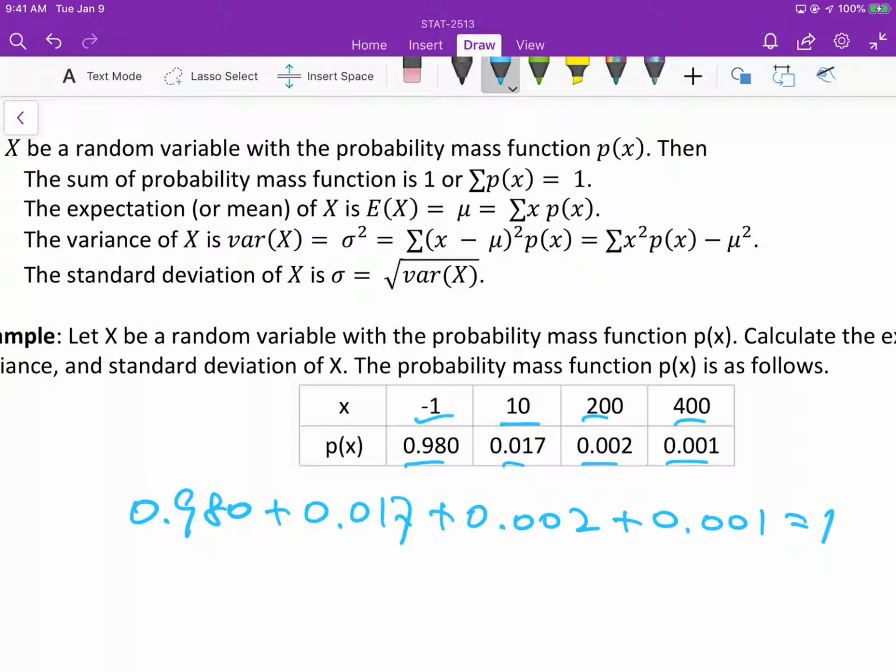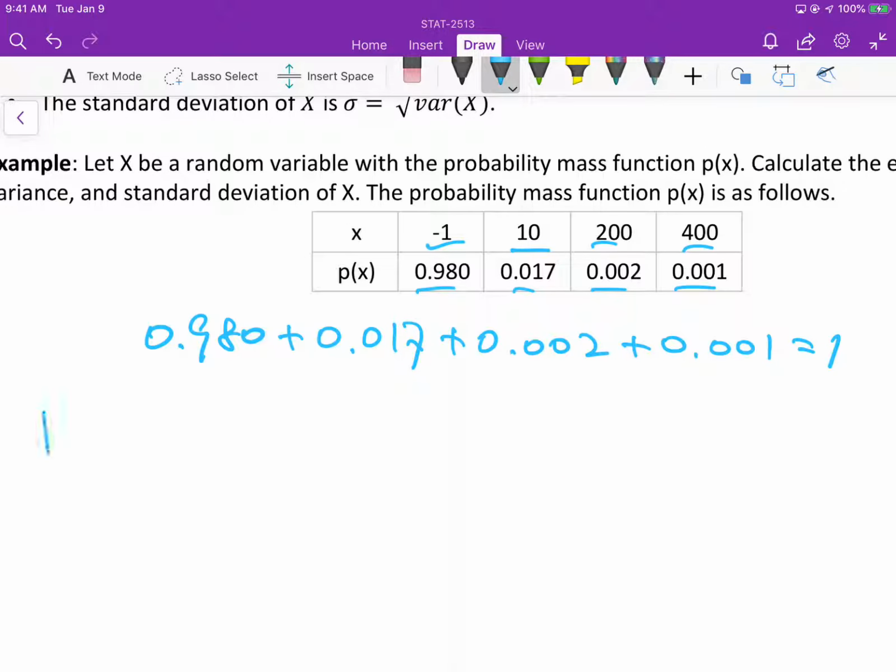The second part, the expectation or mean of x. So this just tells us how to calculate the expectation. This formula means for each possible value of x, we multiply it by the corresponding probability and add all of them together.